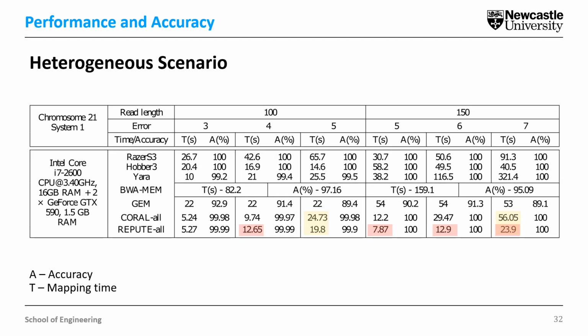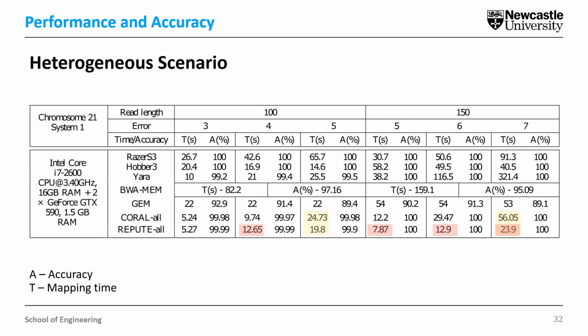This slide presents the results for a heterogeneous scenario in which we use the GPUs as well. We can see that only CORAL and REPUTE were capable of using GPUs along with CPUs to distribute the workload among them.